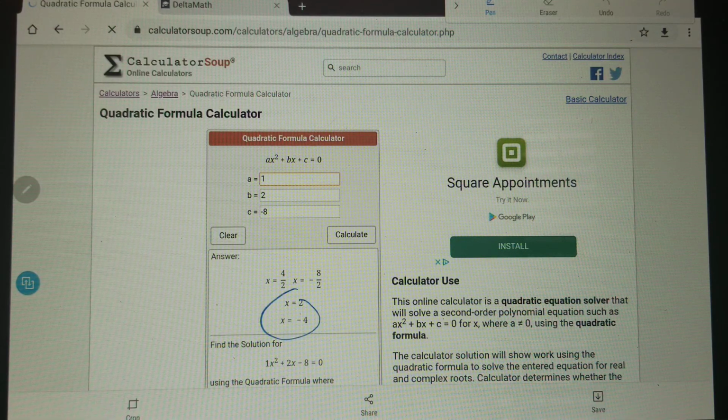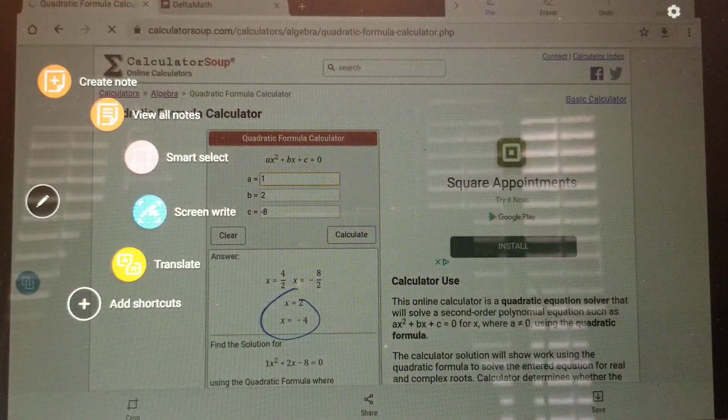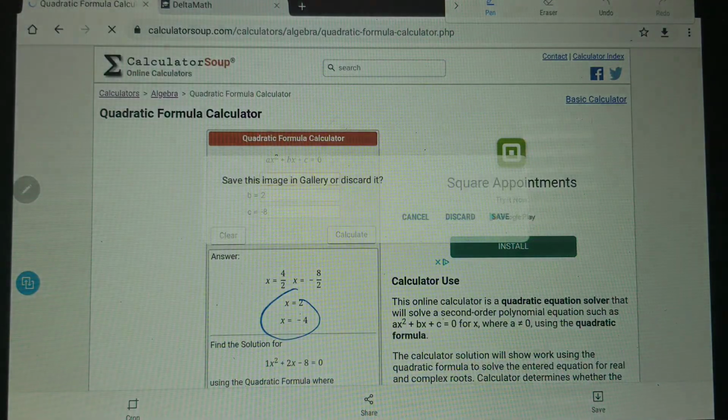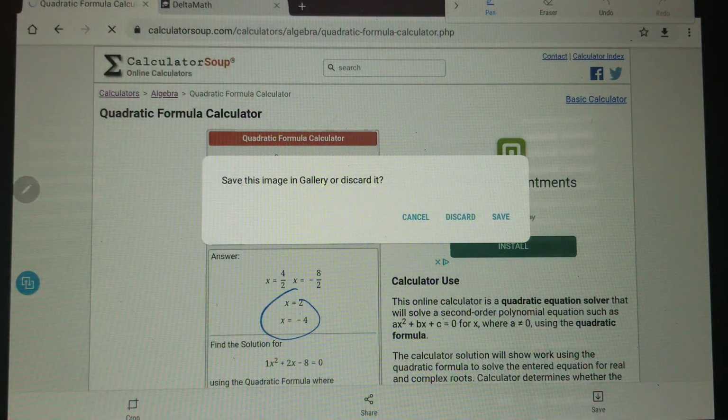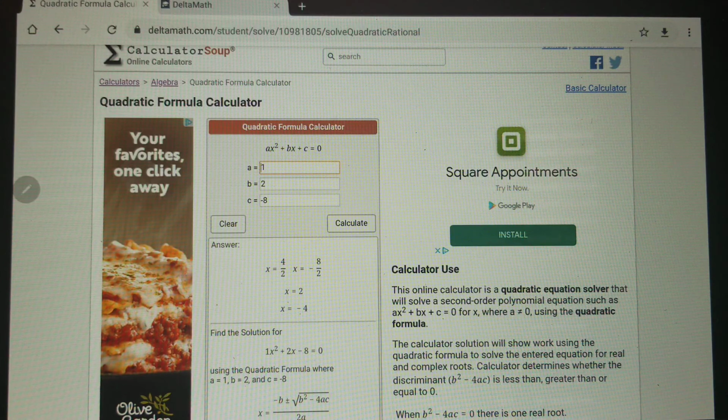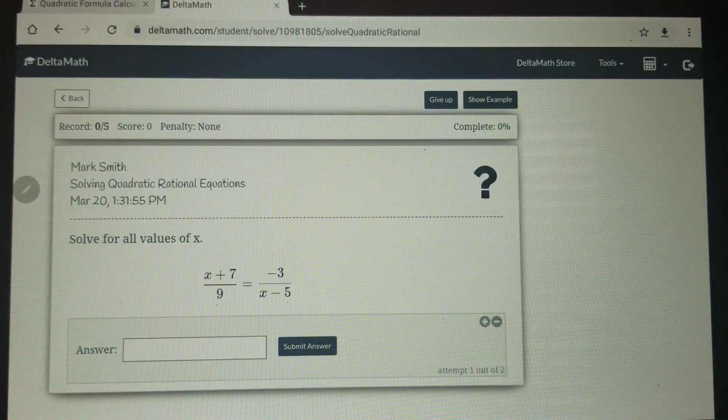All right, so we're going to go back to our DeltaMath. Sorry about all that. 2 and negative 4, and we're going to submit our answer.